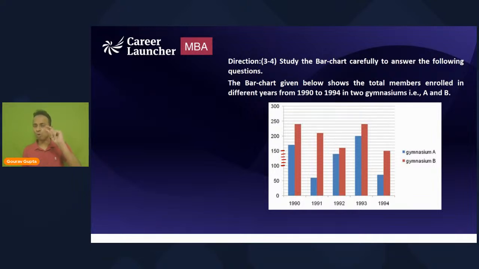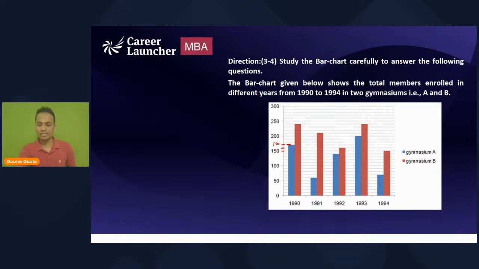So every small gap is equivalent to a value of 10. Right? So Kasak, is it clear? Okay, you have made a correction. Very good. So every small gap, like two consecutive horizontal lines, are at a gap of 10. All right, so for this value of 1990 Gymnasium A, the value will be 150, 160, 170. So the value should be 170. It's very easy to pick up values from this bar graph.